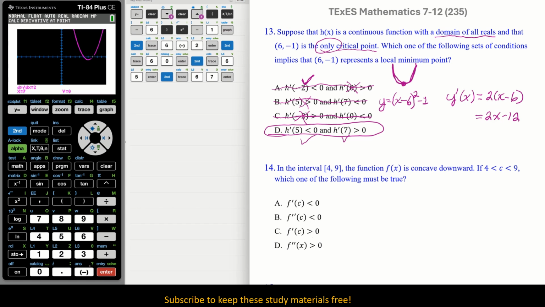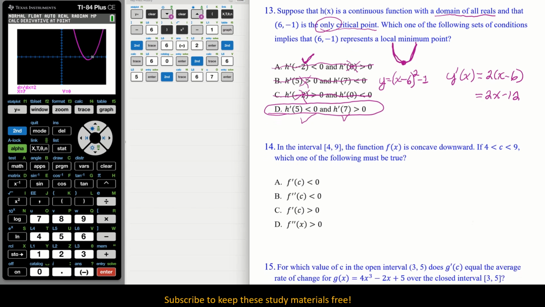And then you can replace negative 2 and 0 and 5 and 7 and go through the process and discover that for yourself. But my opinion is I like this better. But you have to know how to derive the equation from the information. We can do that. All right, let's go to number 14.